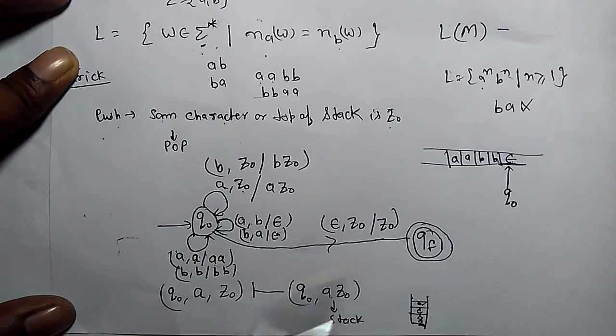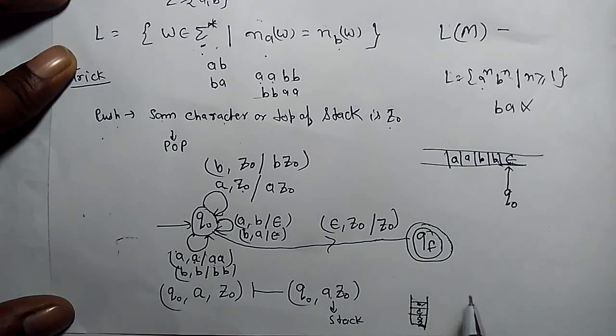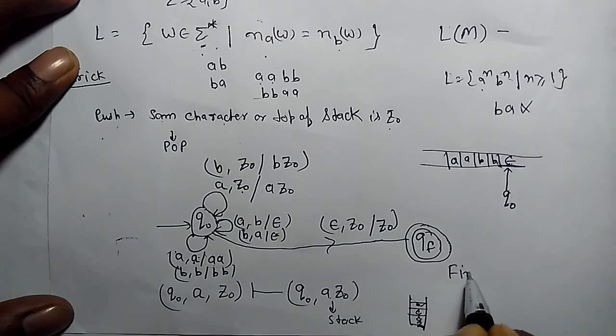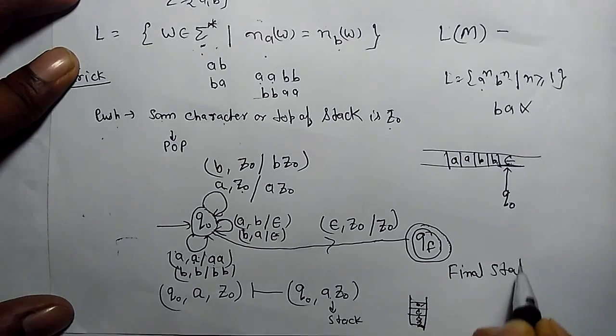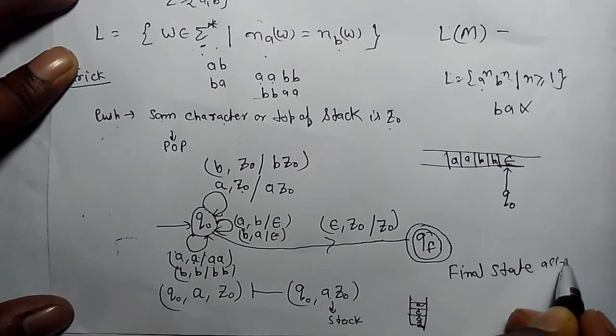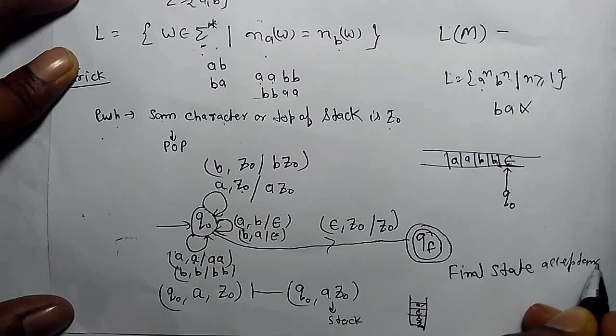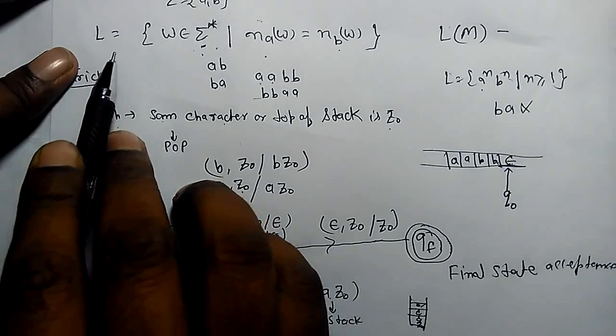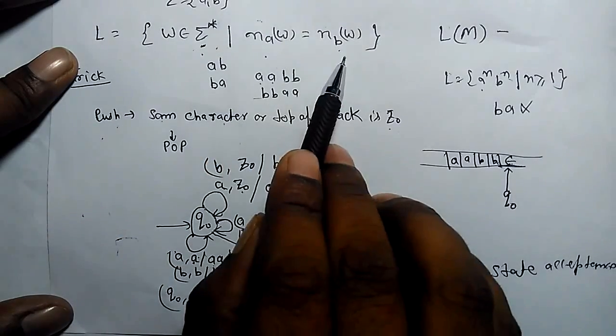You can also denote it in this way. So this is known as final state acceptance. And this completes a PDA for a language L where the number of A equals the number of B.